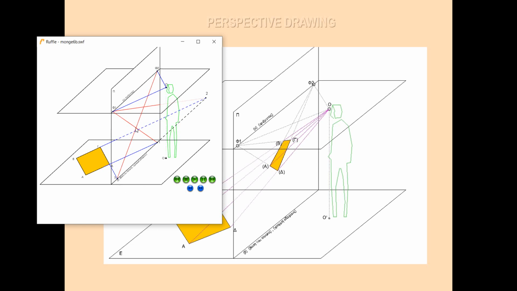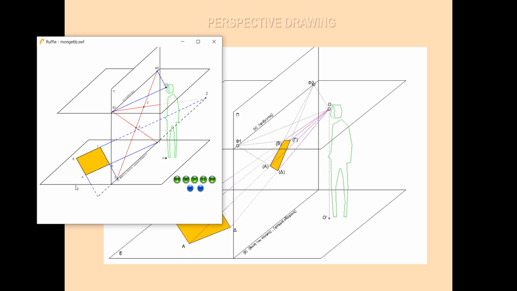And we have here the perspective image of this point, and here the perspective image of that point. Here is this point, and here is the perspective image of that point.